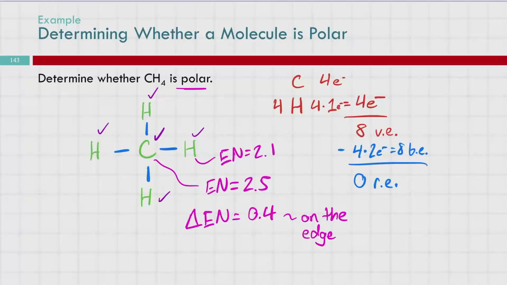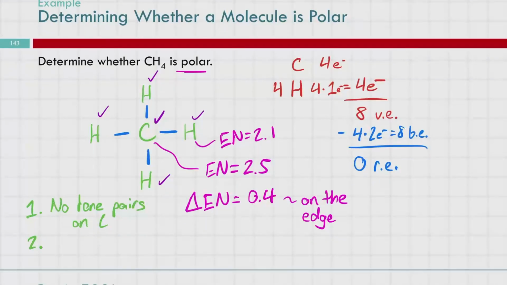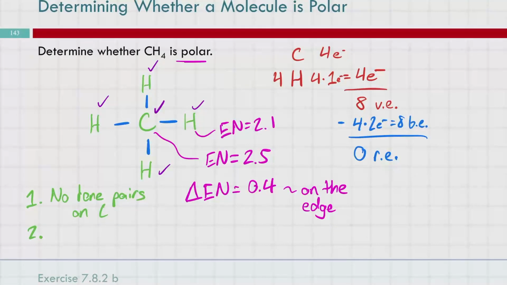Okay, so our 2 conditions for the nonpolar express. 1, no lone pairs on the central atom. Do we have any lone pairs on carbon? No lone pairs on carbon, which is our central atom. 2, are all the bonds the same?